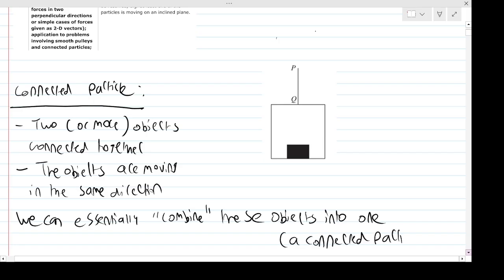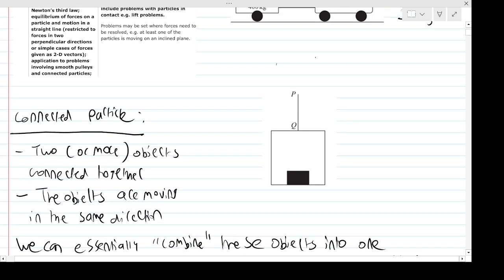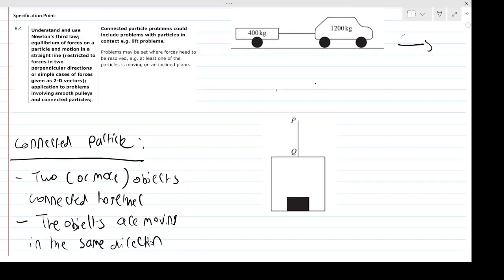A connected particle is basically when we can combine multiple objects or particles into just one big object. You'll see it simplifies problems, because considering one object is better than considering multiple different ones individually, and some forces we can ignore. It'll make our working simpler, so we'll look at how we can combine multiple objects together as one to make our workings easier.